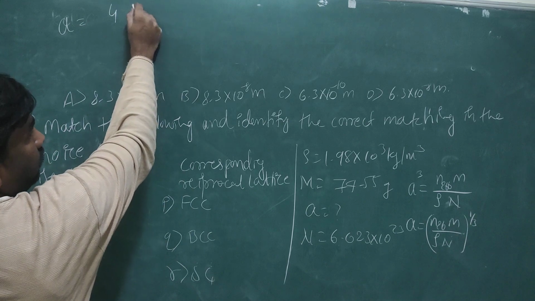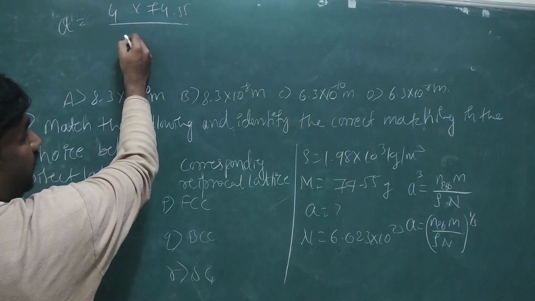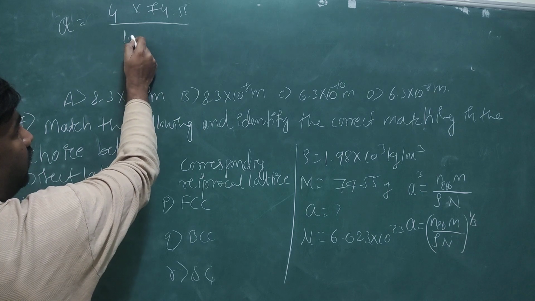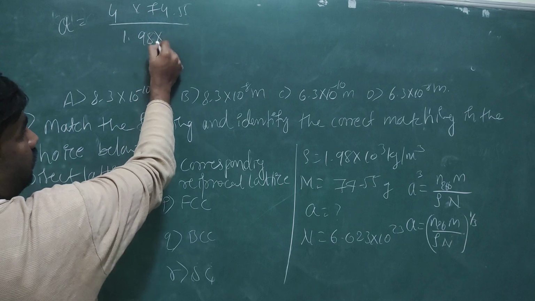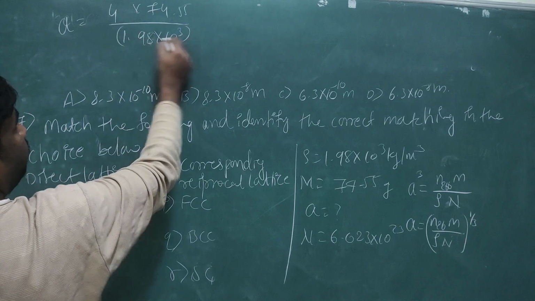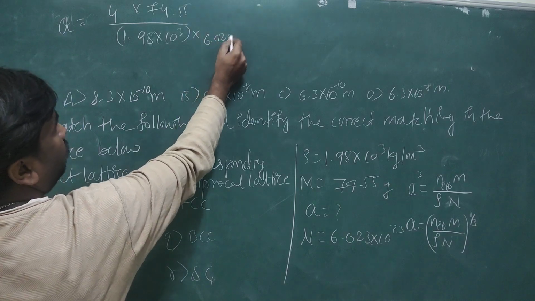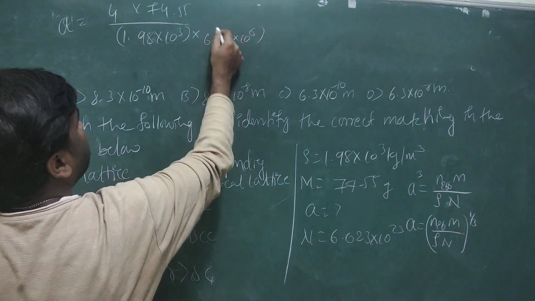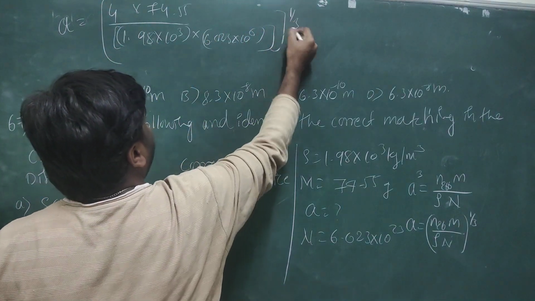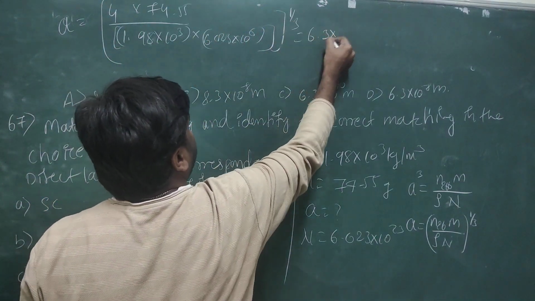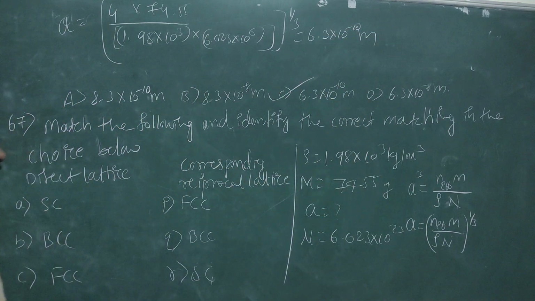So, 4 into 74.55 divided by rho, 1.98 into 10 to the power of 3 into 6.023 into 10 to the power of 23, whole power 1 by 3. We will get 6.3 into 10 to the power of minus 10 meter. So, option C is correct.